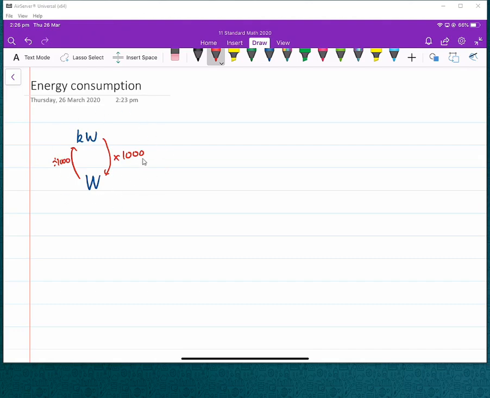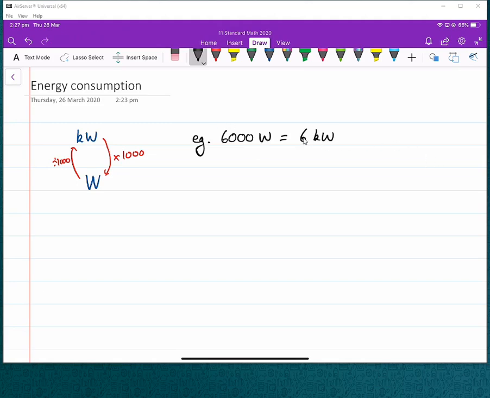So for example, just say you had a 6000 watt appliance, we never really see that. We actually just call that a 6 kilowatt appliance.